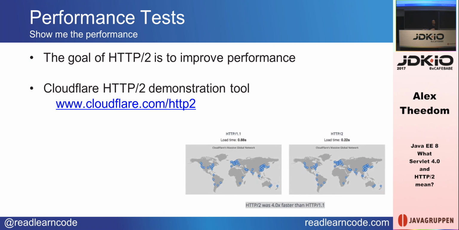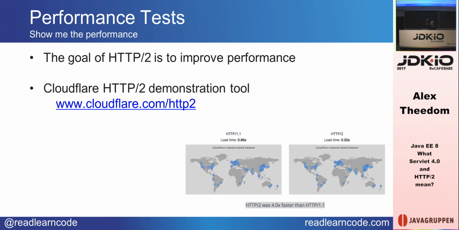Extra bits. Now, I want to have a look at this because these are fun bits. The goal of HTTP2, as we know, is to improve the perceived web browsing performance, but we actually need to make sure that we're not kidding ourselves and this really does work. So, go to that URL.